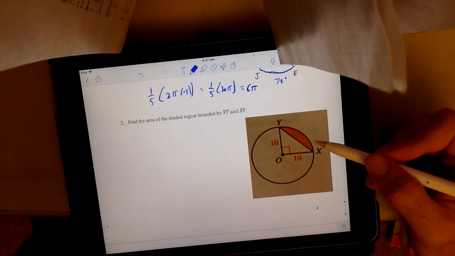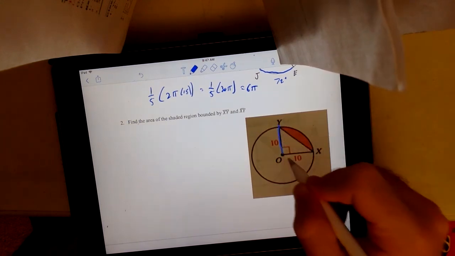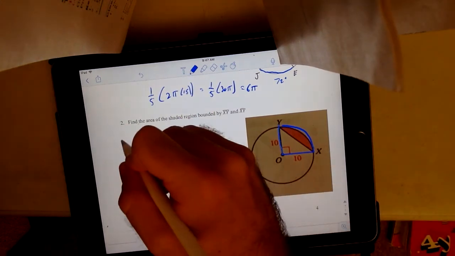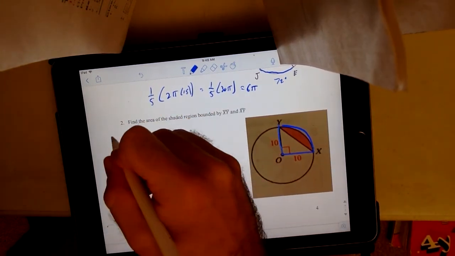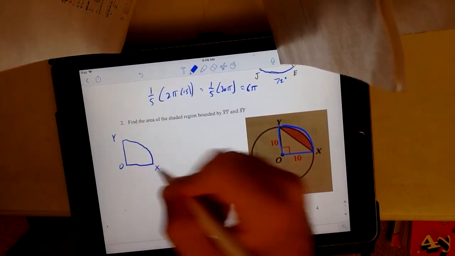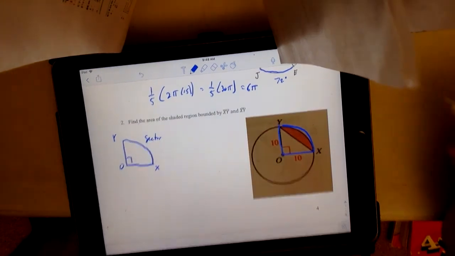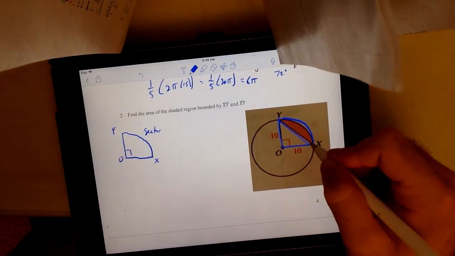What we're going to do is a very nice trick where we're going to find the area of the sector. I'm going to draw these on the side as well. So the area of this entire sector, I'm going to draw it here. We have a sector YOX. This is a sector with a 90-degree angle. And then we're going to find the area of the triangle.